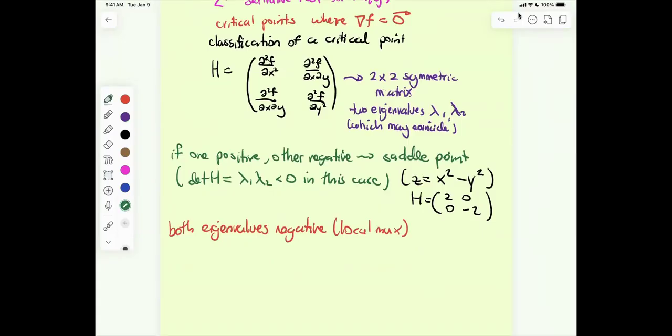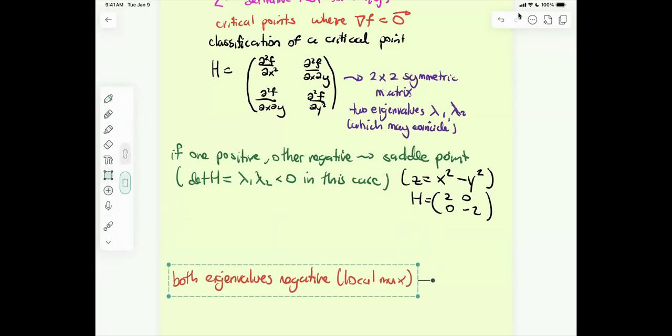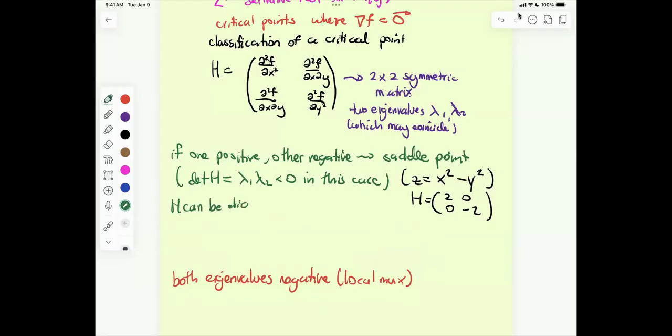So H can be diagonalized. This is true in general, but it's easier to see in the diagonalizable case. If H can be diagonalized, you can write it as P D P inverse, where P is invertible, and then you can take the determinant of both sides.